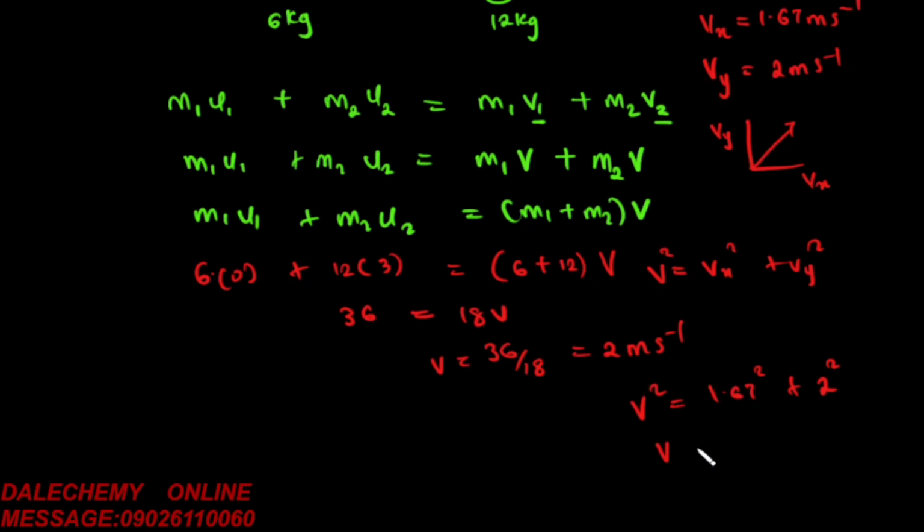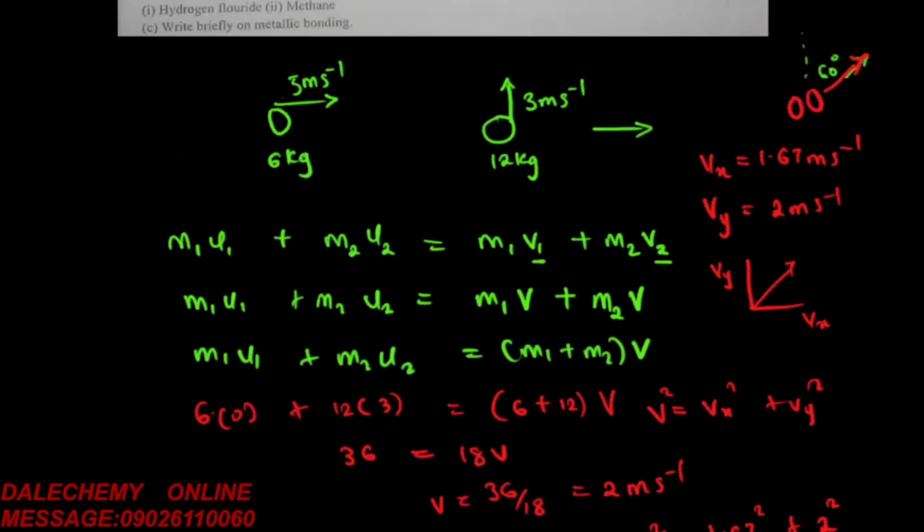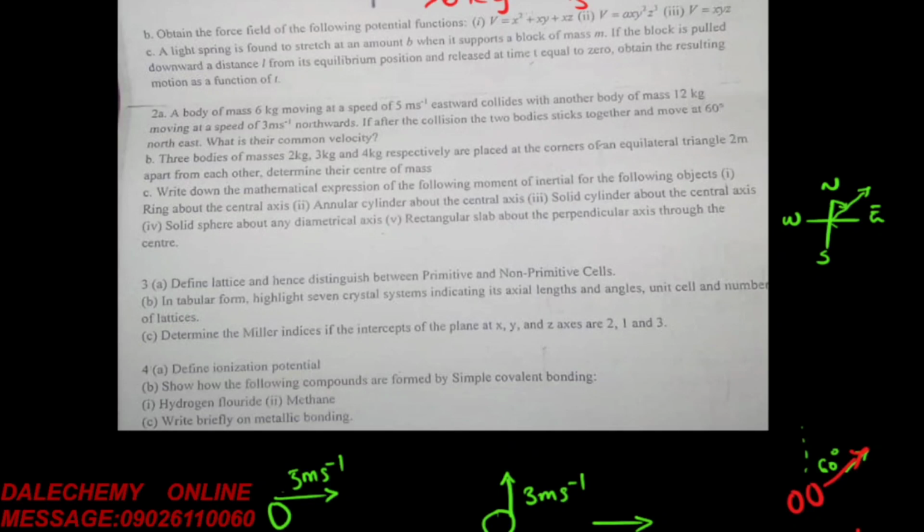So v will become the square root of 1.67 squared plus 4. When you find this in calculator, square plus 4, then you find the square root of your answer, you have v to be equal to 2.6 meters per second. So that's how you get your velocity for that question.